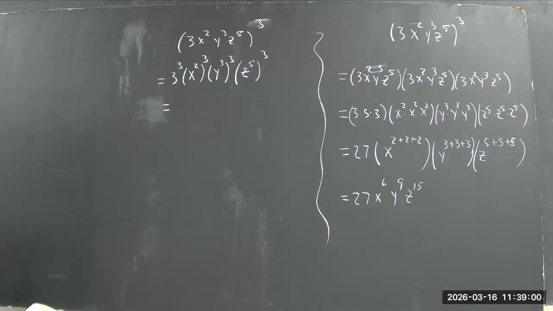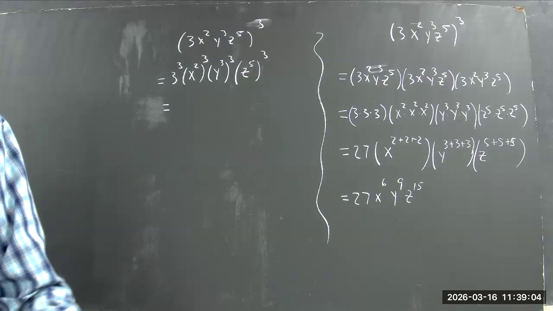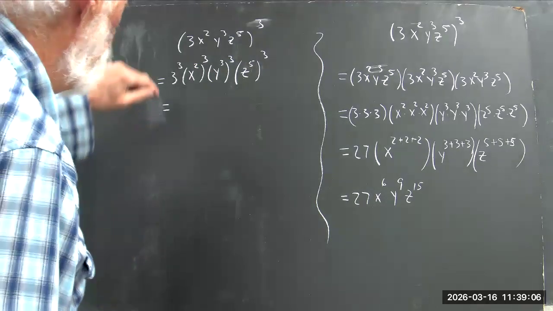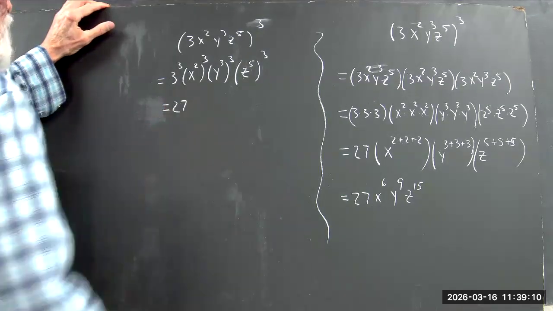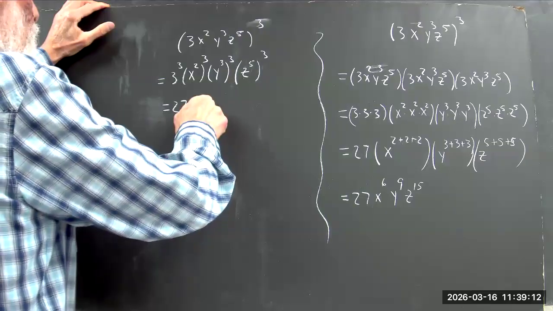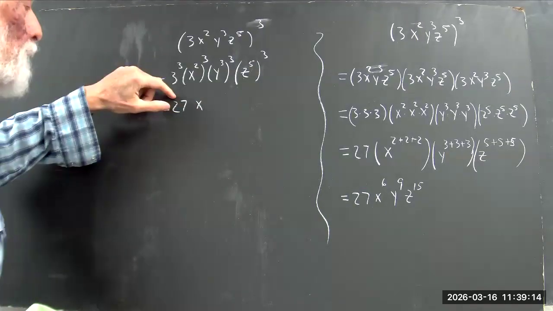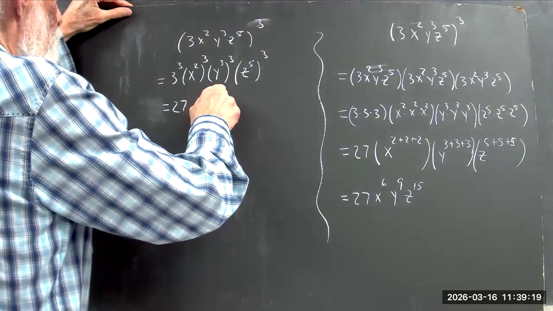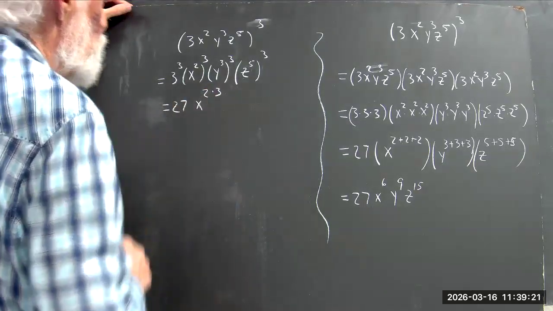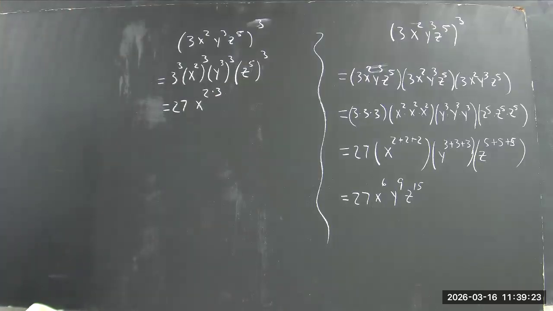But again, as long as you use the rules correctly, it's okay. Make your own judgment. All right, what's 3 cubed? 27. Now, x squared cubed means x to the 2 times 3.